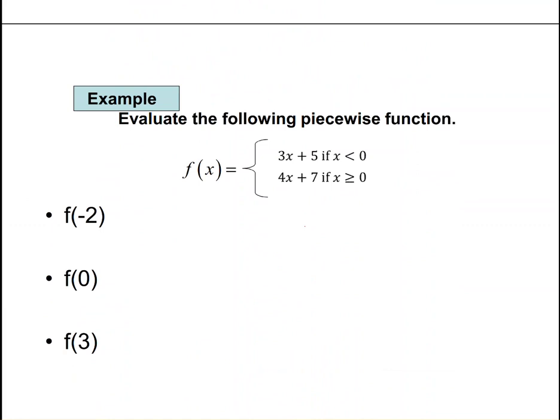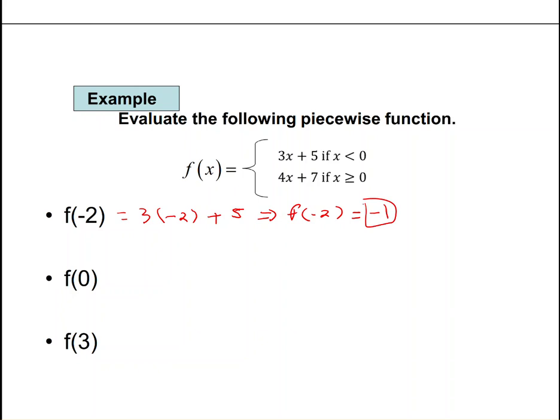So that tells me to use the first function, the expression 3x plus 5, replacing x with negative 2. So f of negative 2 equals, by order of operations, 3 times negative 2 is negative 6, plus 5 is negative 1.